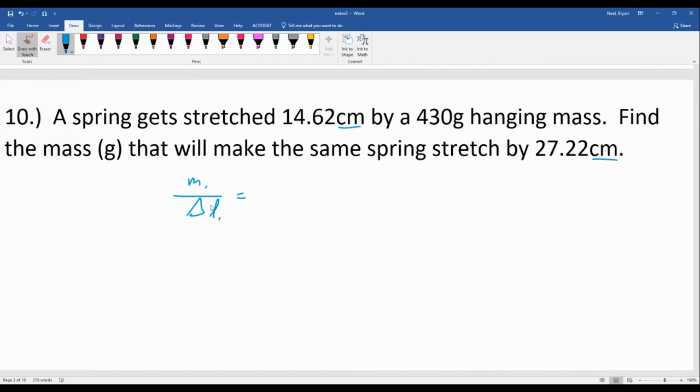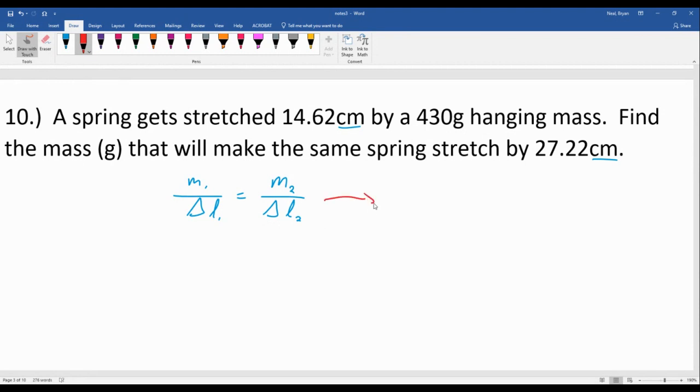It's not the goal right now. So whatever that number would have been ends up also being equal to the altered set of circumstances, right? So if I increase or decrease the mass, then I can find out what the change in length is. Or if I have a different change in length, then I can work backwards and find out what the other mass is.